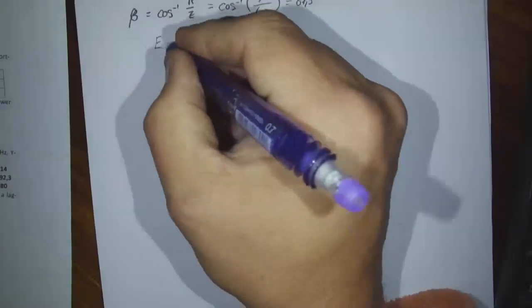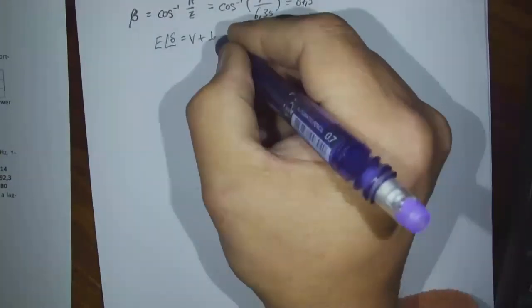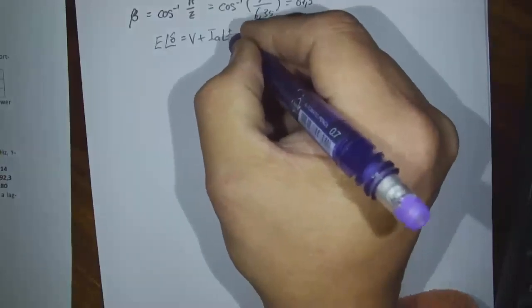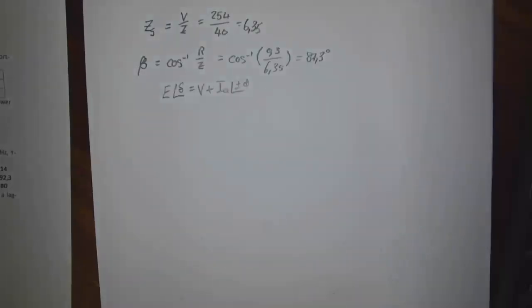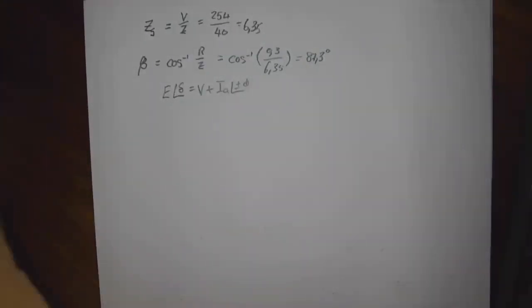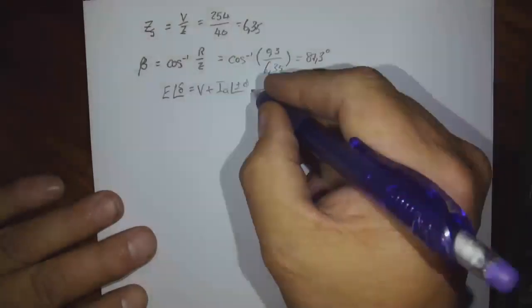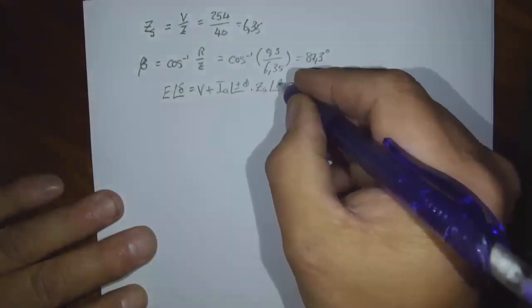Okay, now E angle delta is V plus I angle plus or minus phi times Z angle beta.